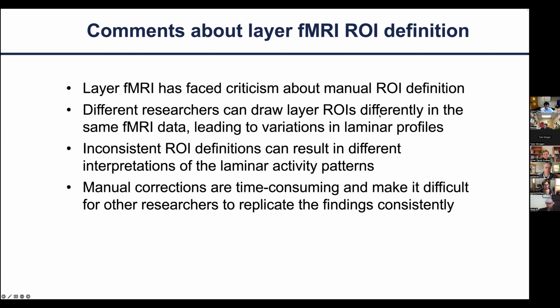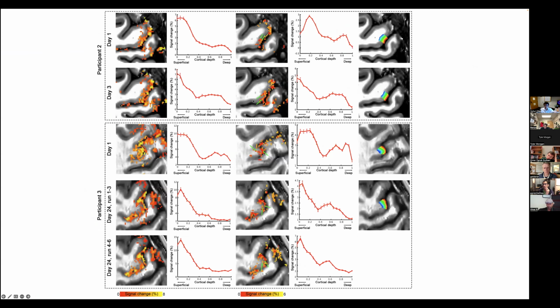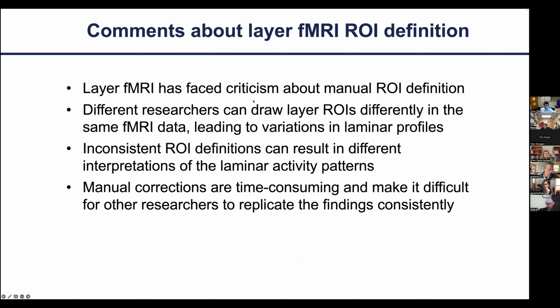Because even using the same data, different researchers can draw layer ROIs differently, which will lead to variations in the laminar profile. And those inconsistent ROI definitions could result in different interpretations of laminar activity patterns. Even for the same layer activity pattern, if you draw your ROI differently, your layer profile is dramatically different, and your interpretation of the data will be different.